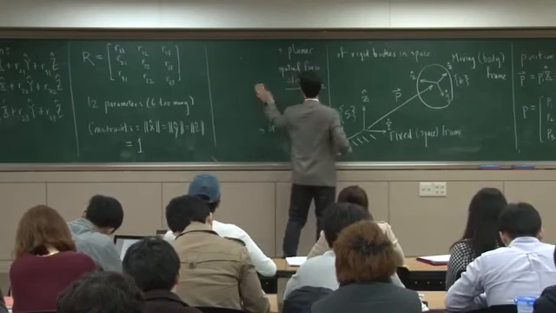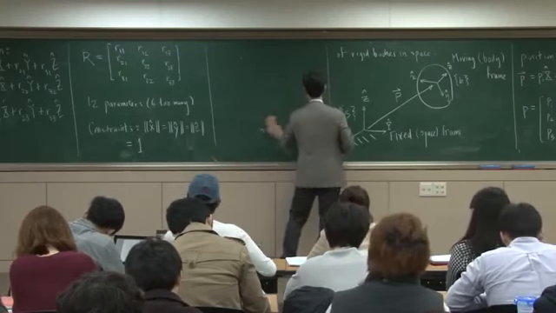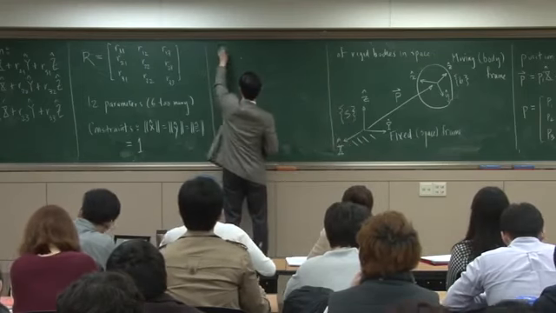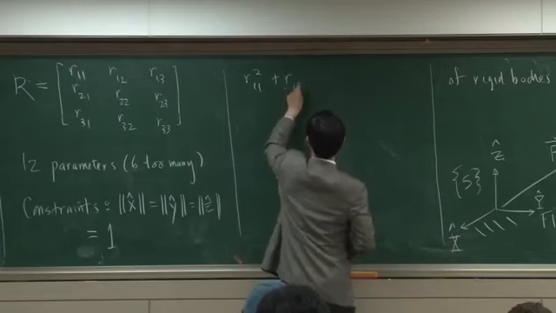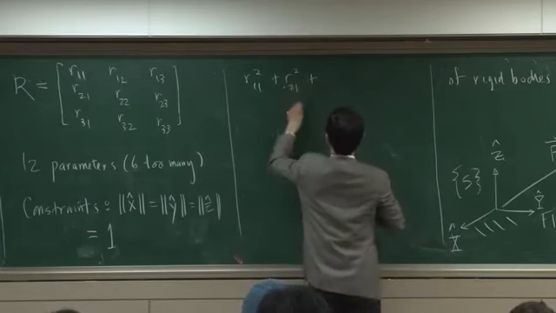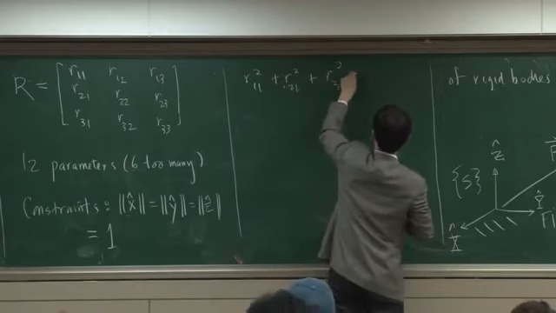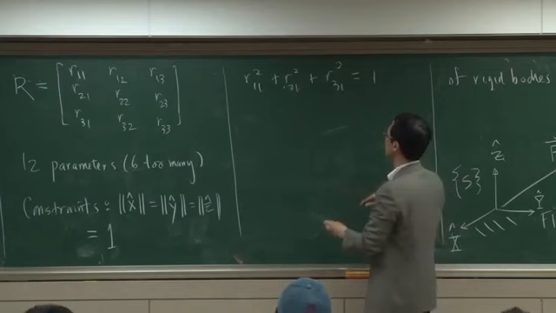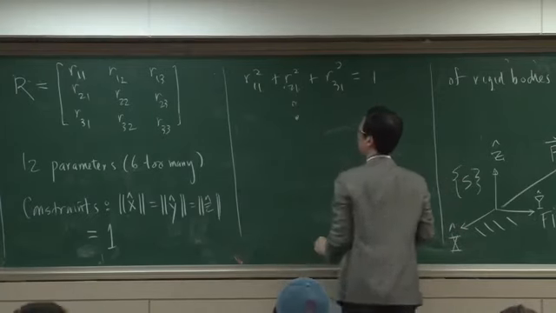If we write down those constraints, you know what it's going to be, right? R11 squared plus R21 squared plus R31 squared equals 1. And two more.